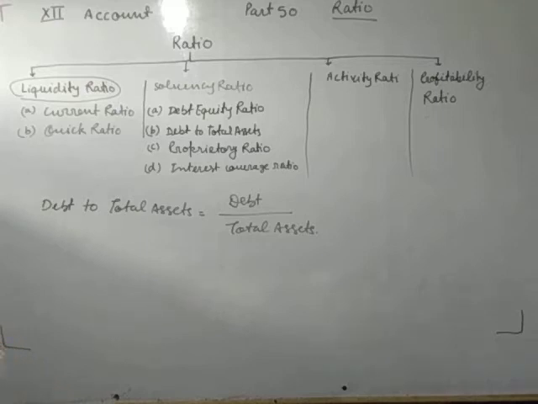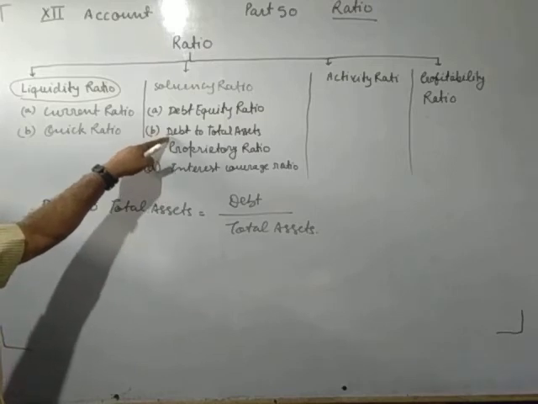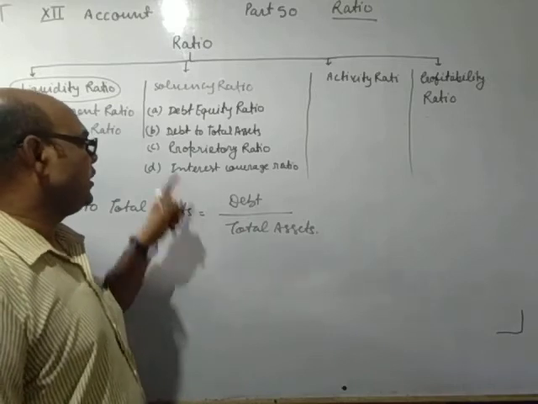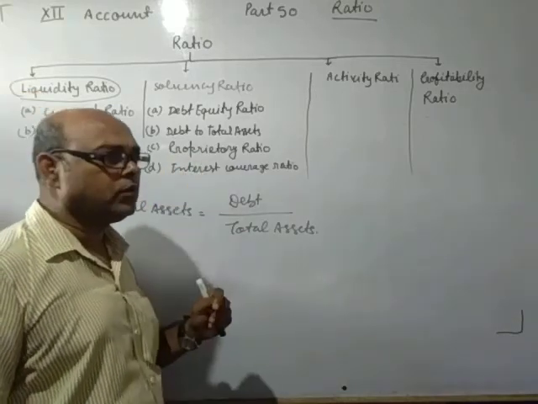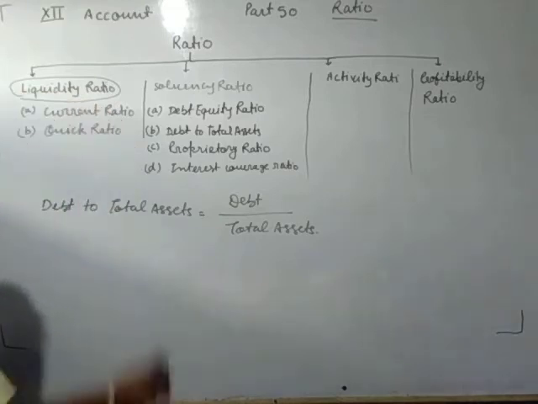Proprietary ratio makes the relationship of the equity with the total assets. In the debt to total assets, debt is compared with total assets. In the case of proprietary ratio, equity is compared with total assets.